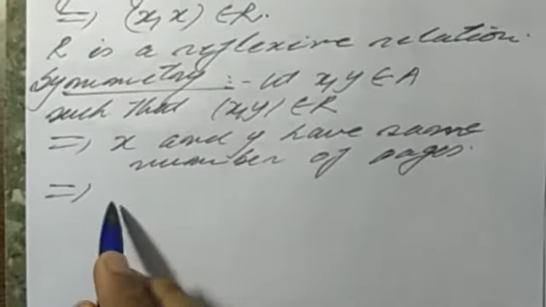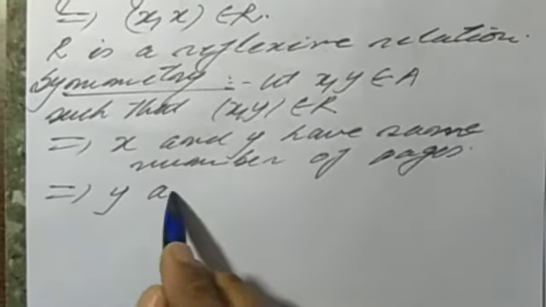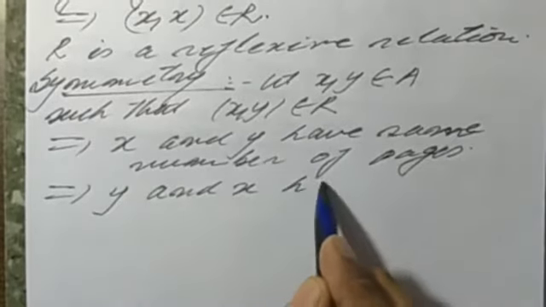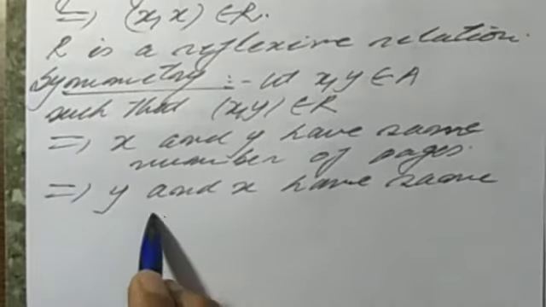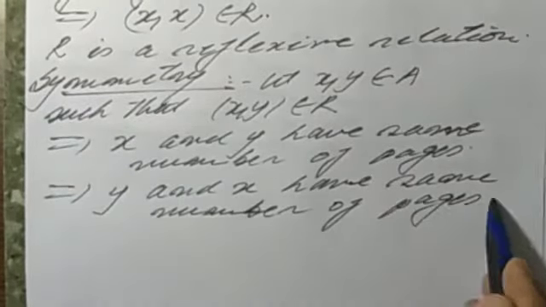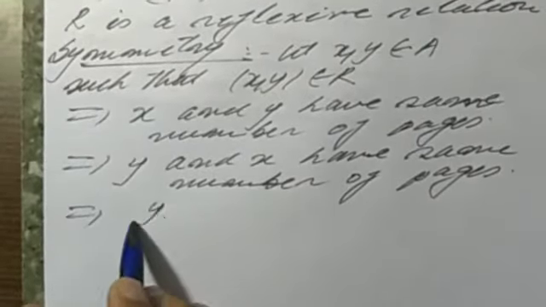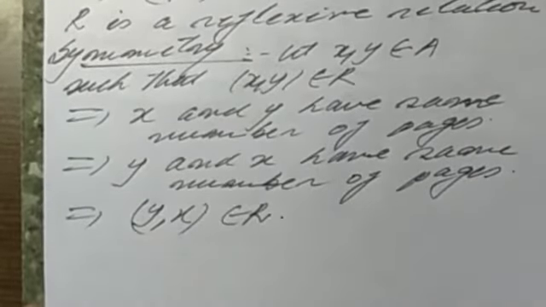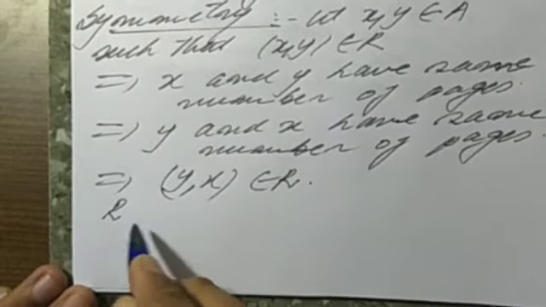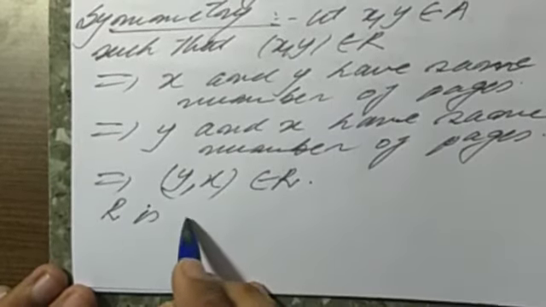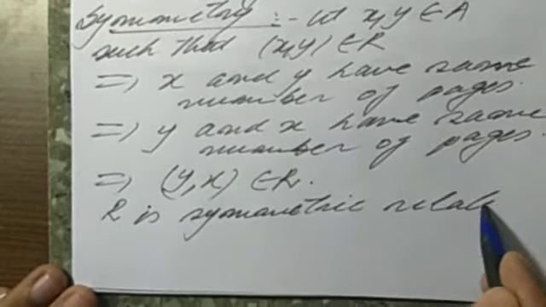Obviously this statement may also be written as y and x have the same number of pages. So it implies that y comma x belongs to R. So we have shown that if x comma y belongs to R, then certainly y comma x must also belong to R. So in this way R is a symmetric relation.